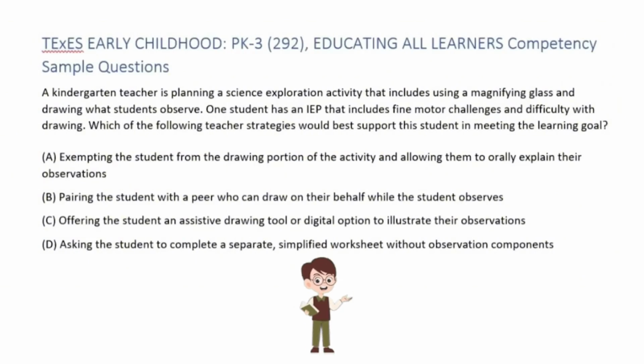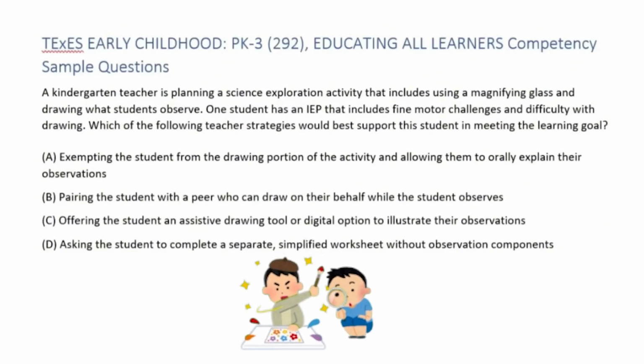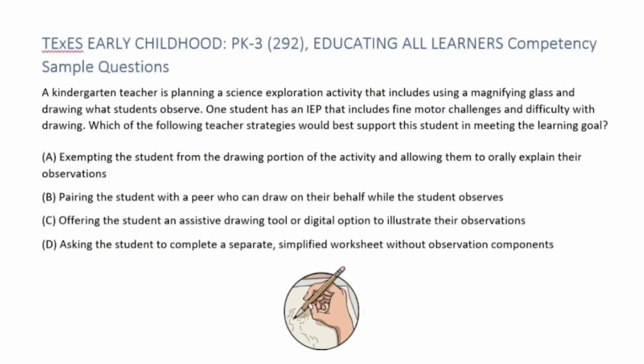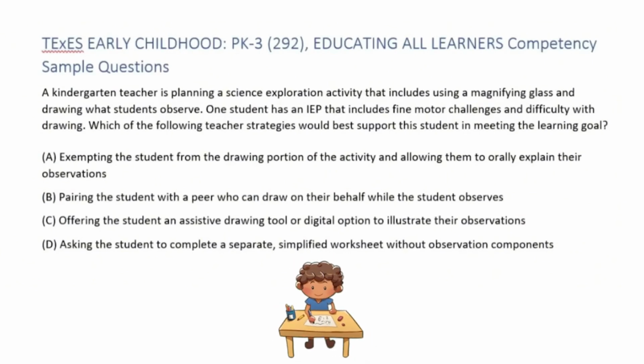A. Exempting the student from the drawing portion of the activity and allowing them to orally explain their observations. B. Pairing the student with a peer who can draw on their behalf while the student observes. C. Offering the student an assistive drawing tool or digital option to illustrate their observations. Or D. Asking the student to complete a separate, simplified worksheet without observation components.